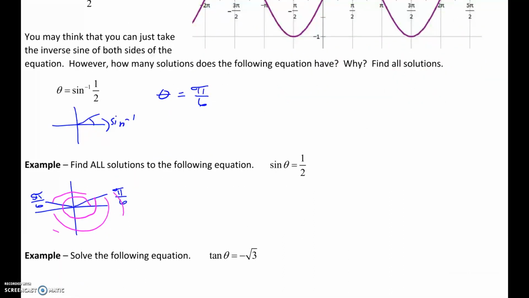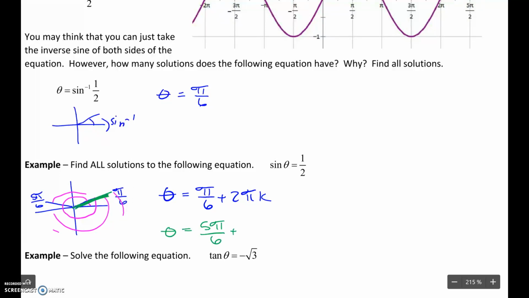So to find all the solutions, you're going to get theta equals pi over 6 plus 2 pi k. That's all of the solutions that end up right here, all the times that sine is 1/2. But we also have 5 pi over 6 plus 2 pi k, and that's all the times that sine is 1/2 right here.